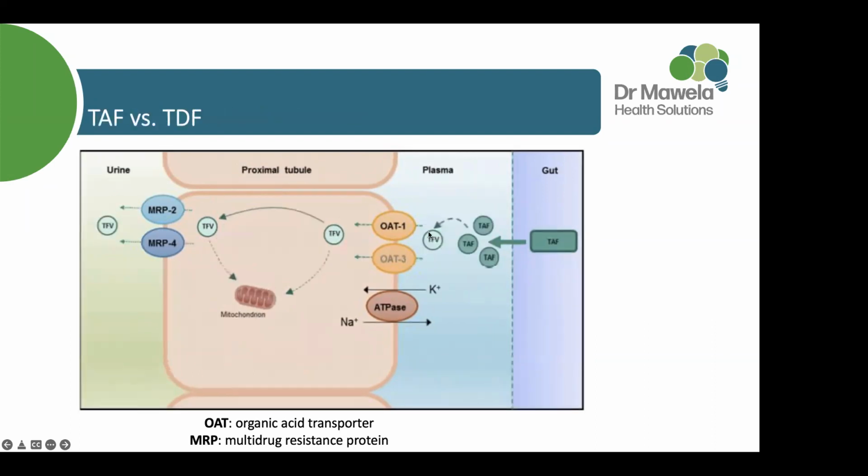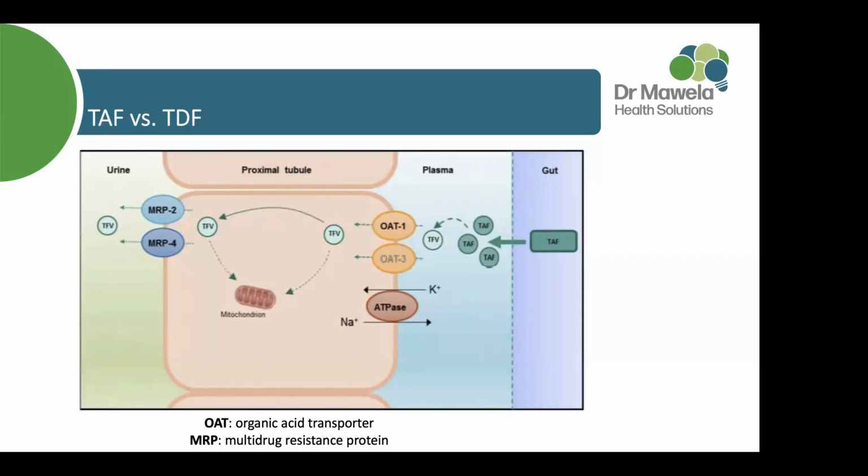If I go back to TAF, you have the prodrug, it is absorbed still as the prodrug. You get some drug in the plasma, though the majority of the TAF will be converted to the active drug intracellularly, right? So really the difference between TAF and TDF is that with TAF, you are able to suppress the virus with a lower concentration of the active drug in the plasma.